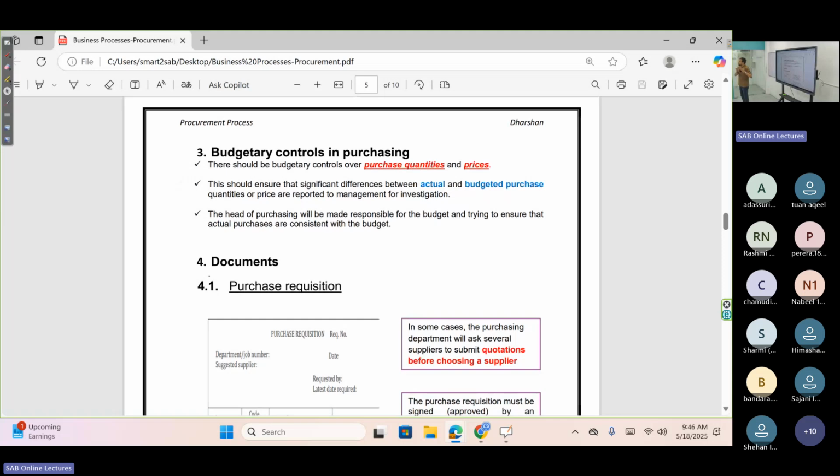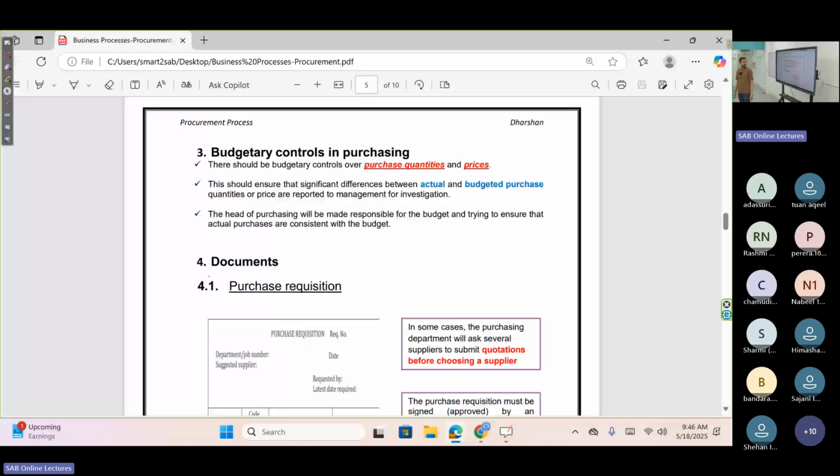In that meeting, they should compare budget figures and actual figures. They should ensure that significant differences between actual and budgeted purchase quantities and prices are reported to the management for investigation.